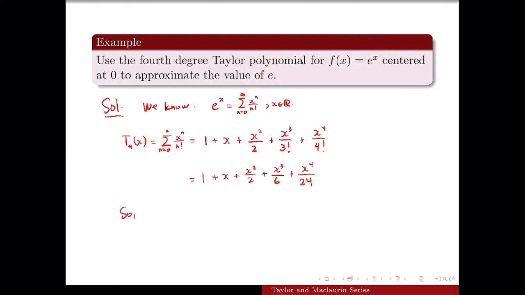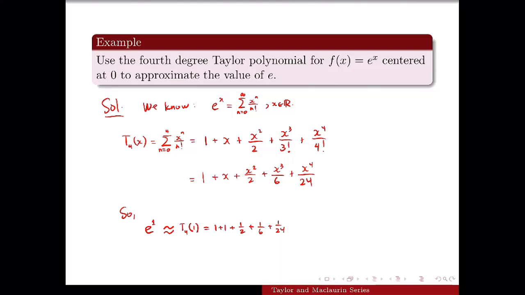So, e to the 1 is approximately equal to t sub 4 of 1. We evaluate it at 1. So this is just 1 plus 1 plus 1 half plus 1 over 6 plus 1 over 24.